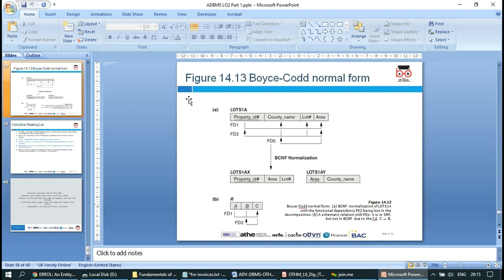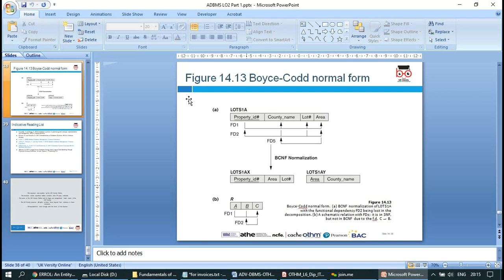The county name is dependent on the area now. And the lot number and area are only dependent on the property ID. Simple as that.